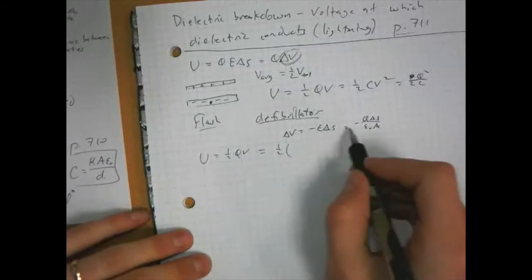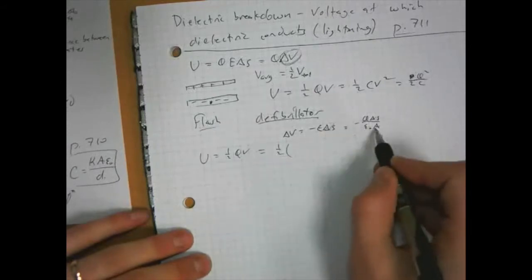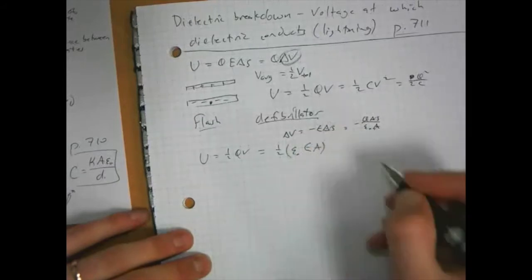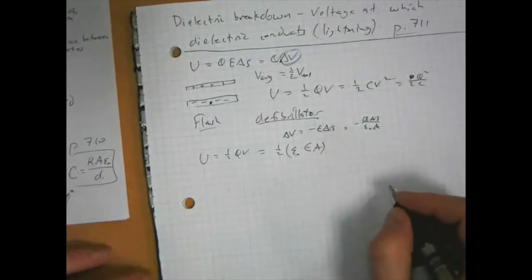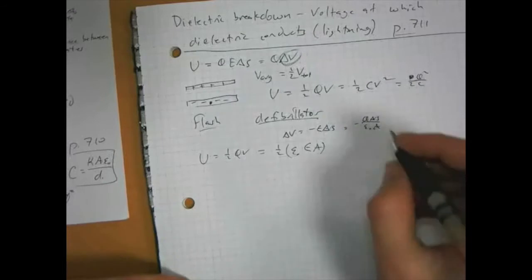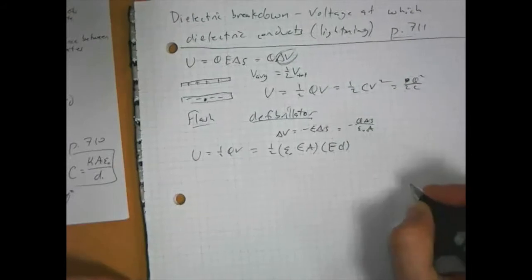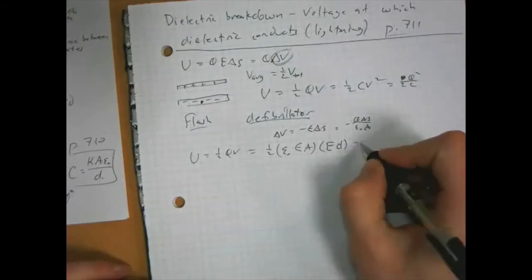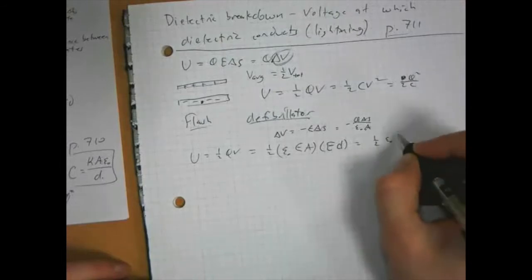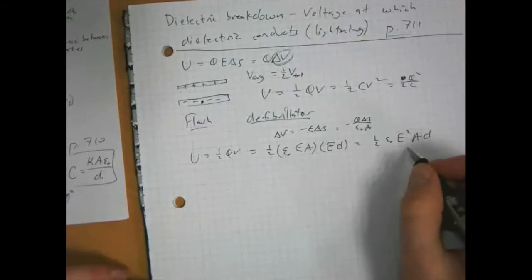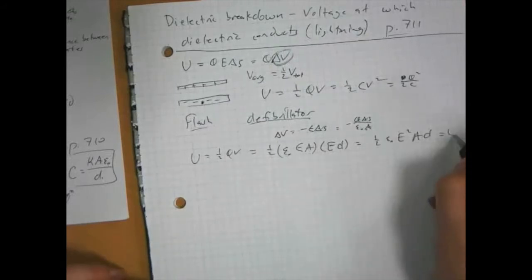If we solve for Q, we can see that Q is epsilon naught times the electric field times the area, and the voltage across the capacitor we can rewrite as just E times delta S. We're going to use the distance again as delta S, and so this comes out to 1/2 epsilon naught E squared times the area times the distance. So this is another way of writing the energy stored in a capacitor.